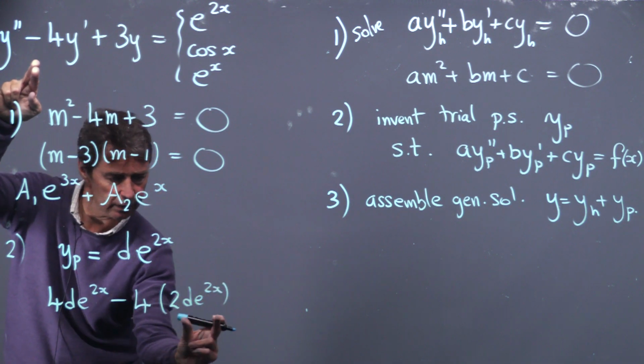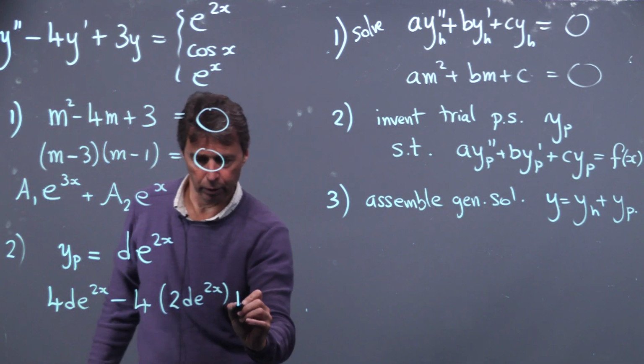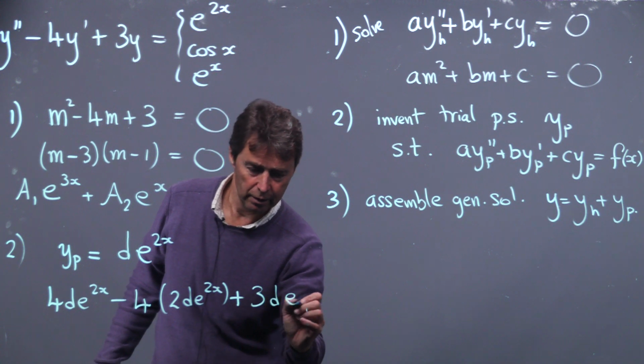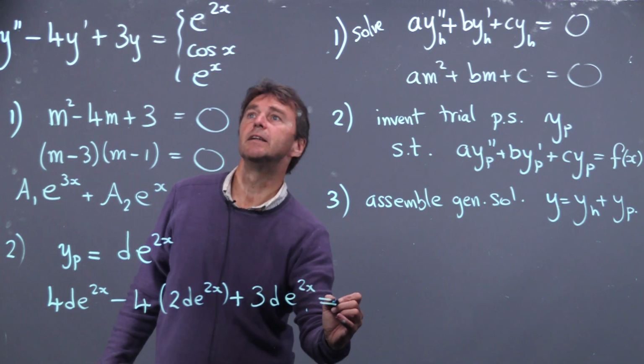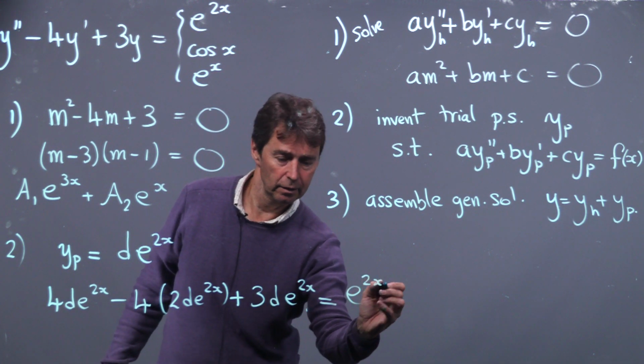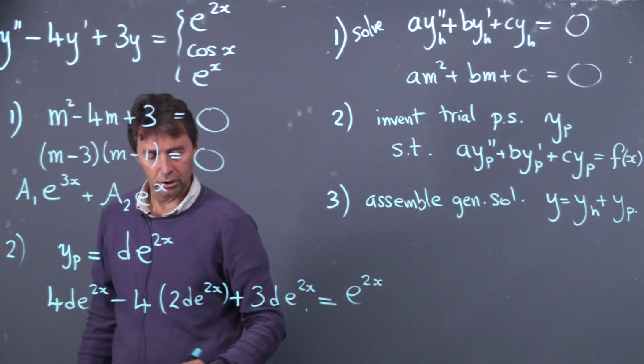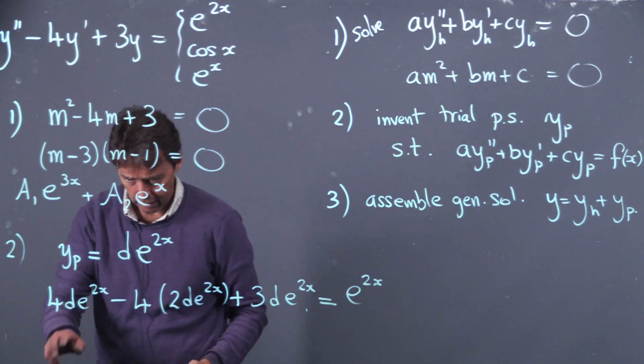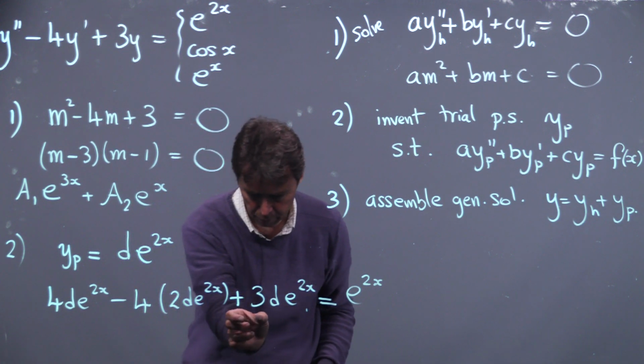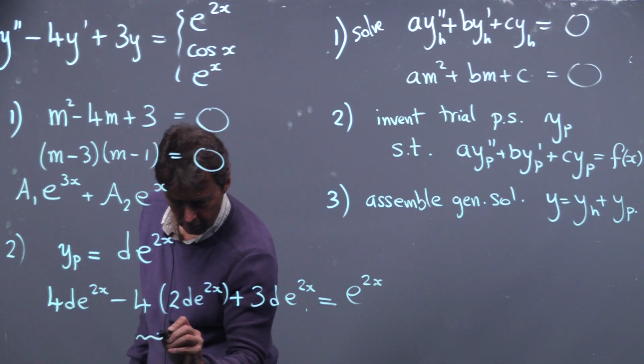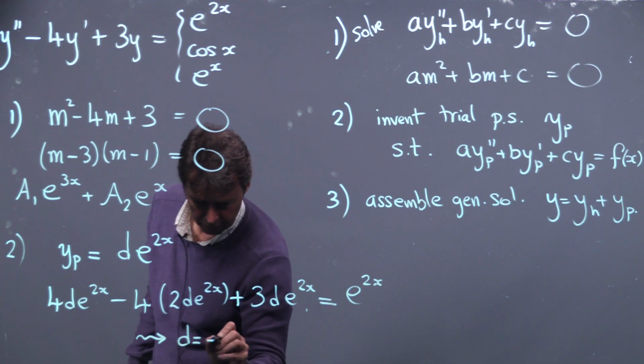That's the second derivative, that's the first derivative. Now it's plus 3d e to the 2x. I need to get e to the 2x out of that. So it's clearly going to work because each term's got an e to the 2x in there. This is 4 minus 8 plus 3. Looks like d needs to be minus 1.